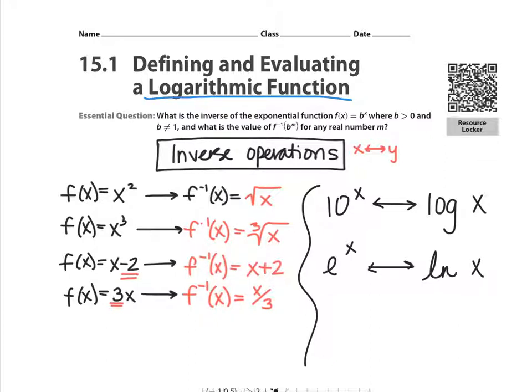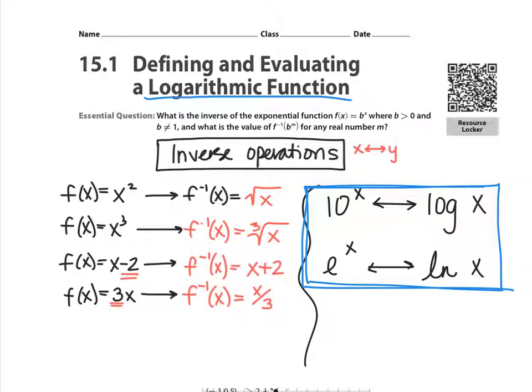So just recognize the most important thing you need to know is that exponents and logs are inverses, and that 10 is the base for log, and e goes with natural log. So make sure you understand both of those.